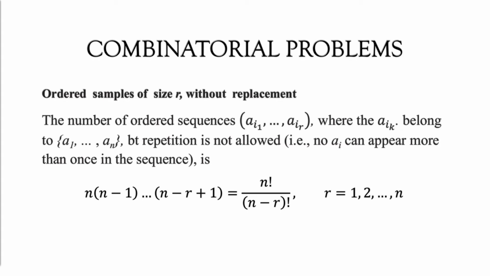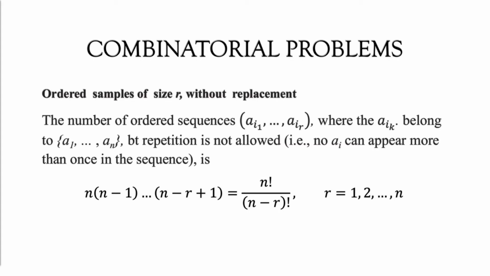The first symbol may be chosen in n ways, and the second in n minus 1 ways, since the first symbol may not be used again, and so on. So the number is this one.